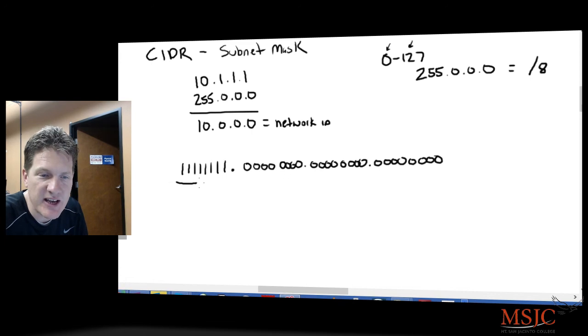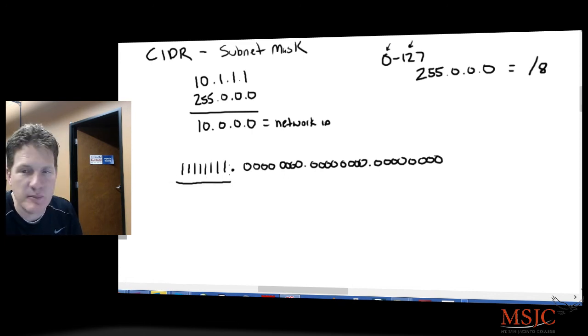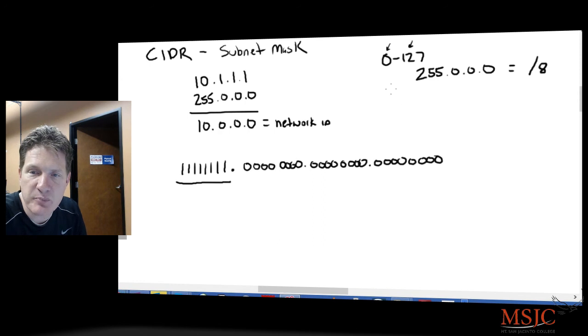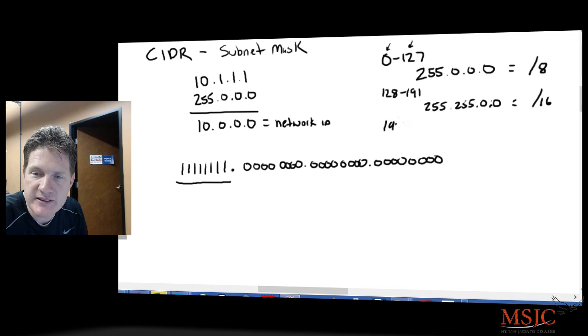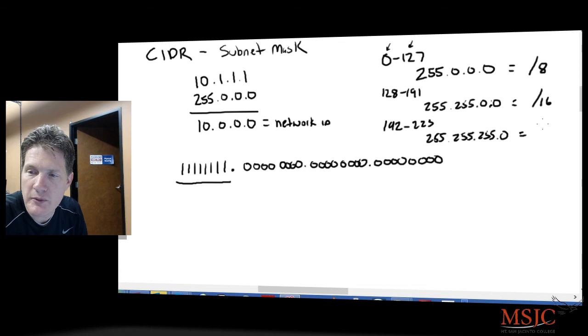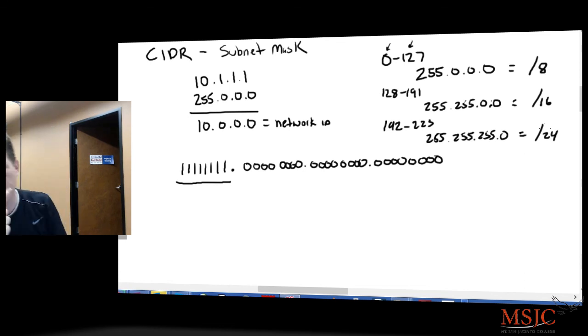So it's called a /8 because there are 8 contiguous ones in the mask. A Class B, which was 128 through 191, was given a default mask of 255.255.0.0, or a /16. And Class Cs were given 255.255.255.0, or what we refer to as a /24.